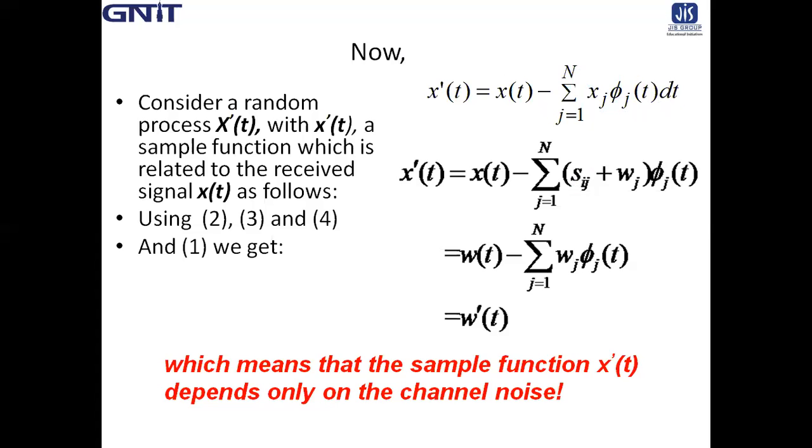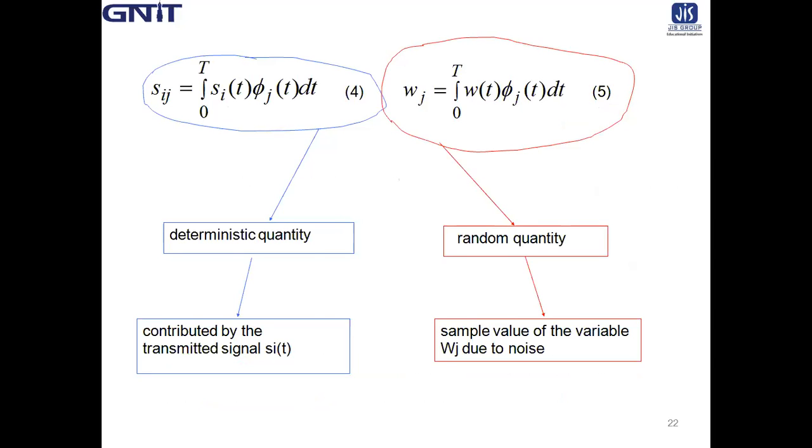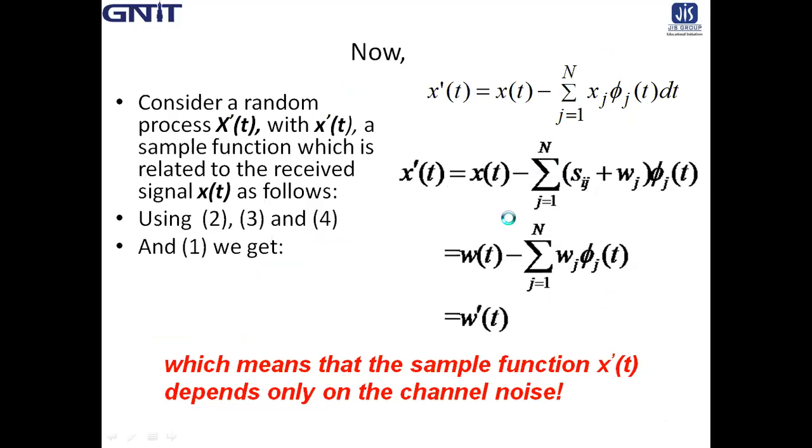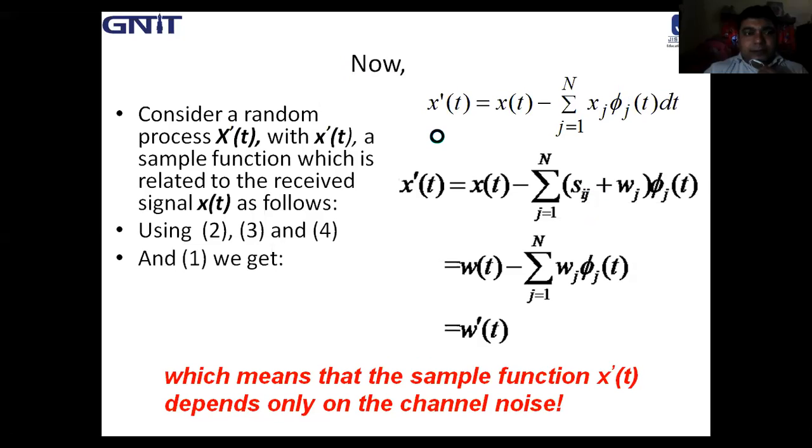Now substituting the term xj from the integration of x(t) phi j(t) dt, or better to say xj is equal to sij plus wj, we can say that x dash t is equal to x(t) minus the summation over j equal to 1 to N of (sij plus wj) into phi j(t).